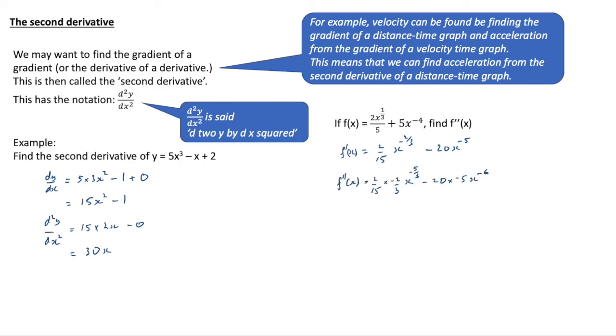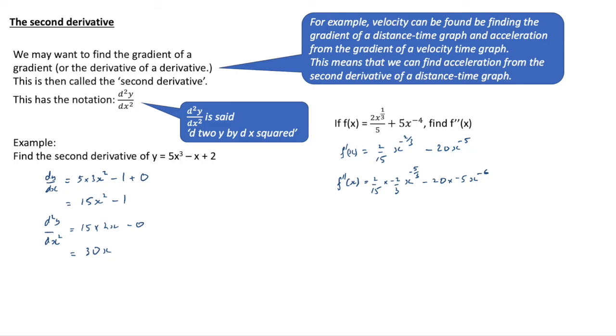The notation here is f double dashed, and we have our 2/15 as our multiplier there. We bring the minus 2/3 down, we subtract 1 from minus 2/3, which gives us minus 5/3, because 1 is the same as 3/3, and if we take away 3/3 from minus 2/3, we end up with minus 5/3.